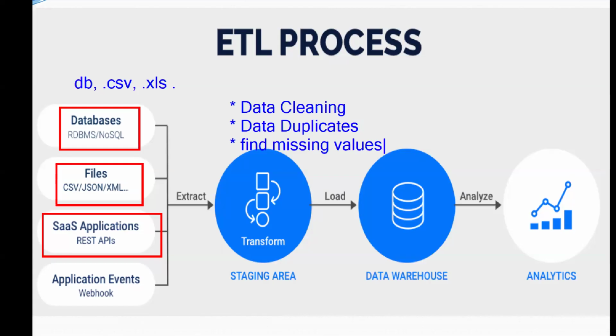So we can clean the existing data, find data duplicates and remove them, and find missing values. In addition, we can convert this data into an organized format. Now this data can be stored in a data warehouse.